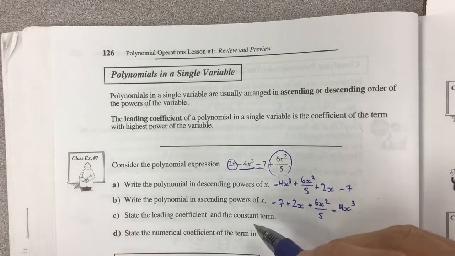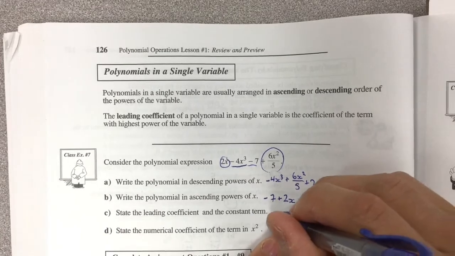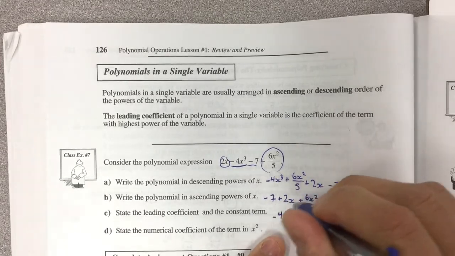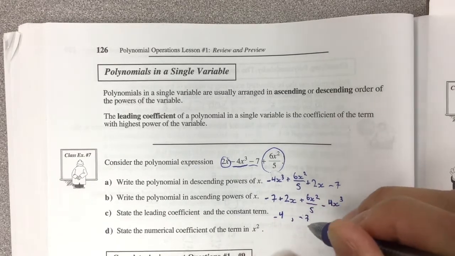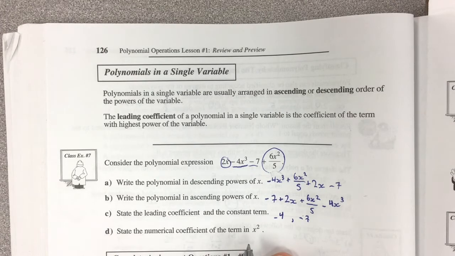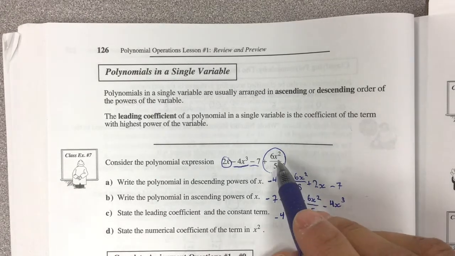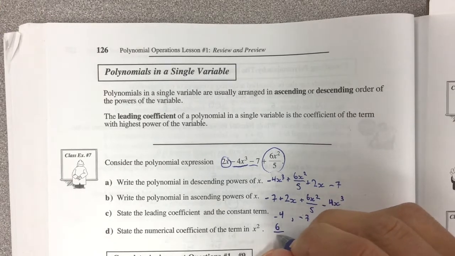So the leading coefficient is the coefficient that's attached to the highest degree. That would be negative 4, and the constant term is the one that does not have a variable attached to it. That would be negative 7. And then we want to state the numerical coefficient of the term in x squared. The term in x squared was 6 fifths. Not just 6, but 6 over 5.